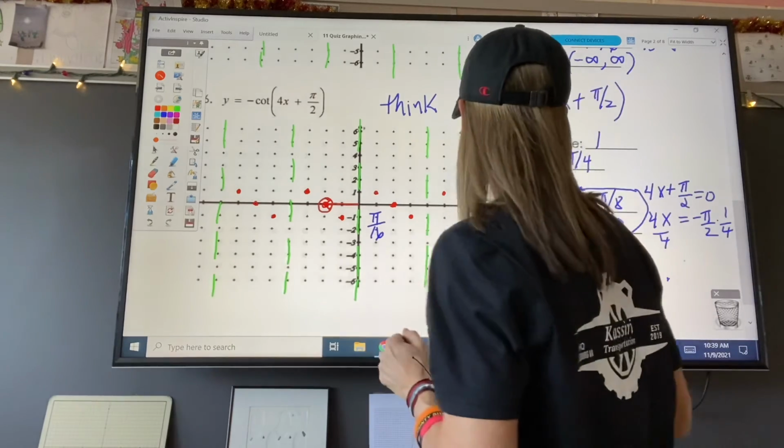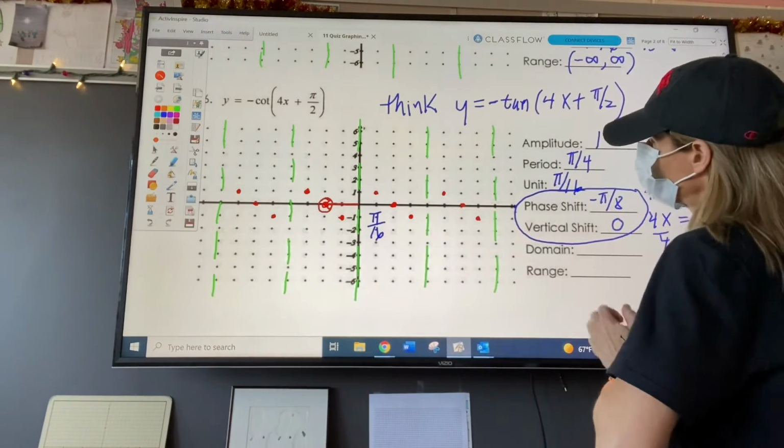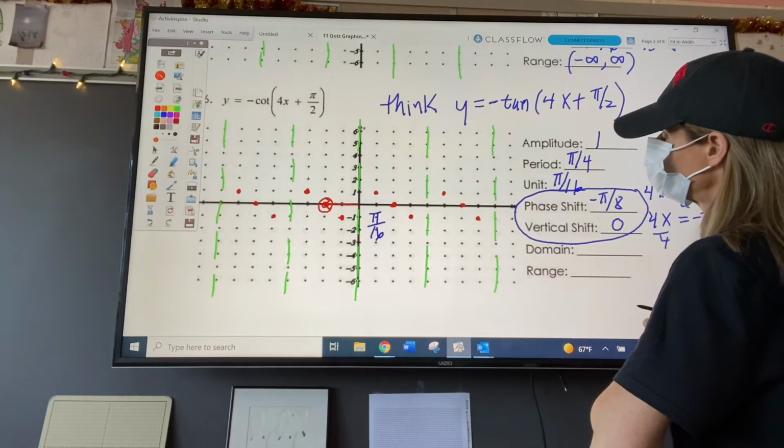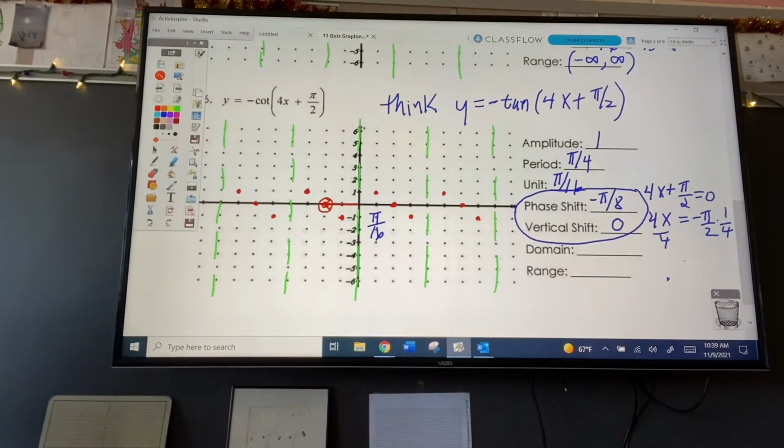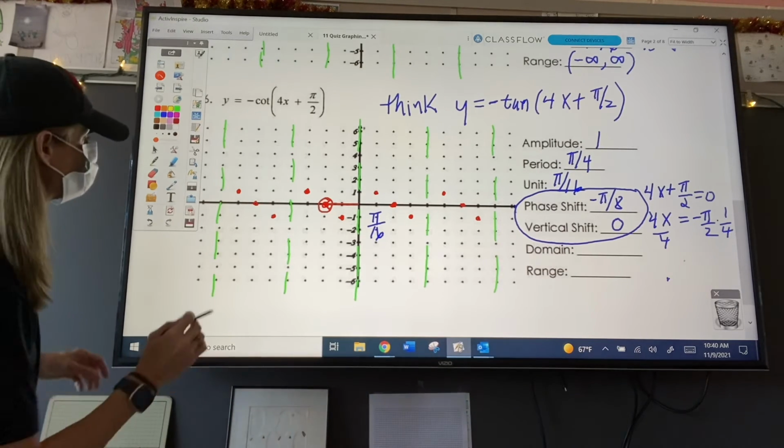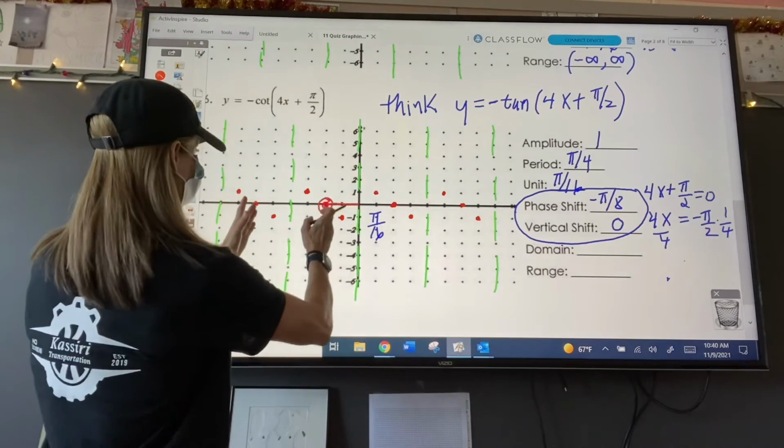What should I do first? I'm going to do the new asymptotes in a different color first. In yellow. The new asymptotes are going to go in for the zeros.